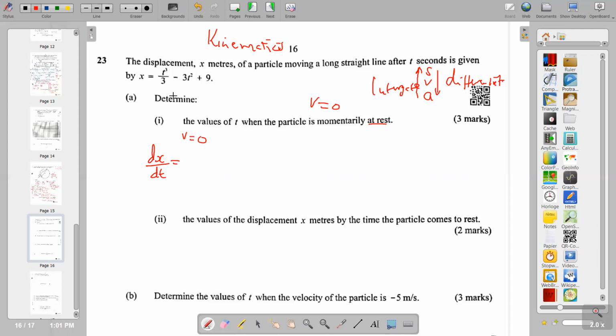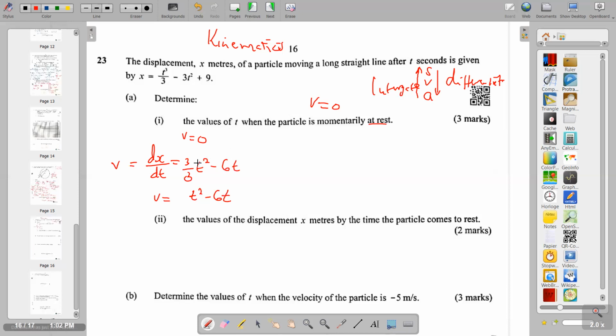This gives 3 over 3 t squared minus 6t. The constant will be 0. So dx over dt is the same as V, and you have V is equal to t squared minus 6t.